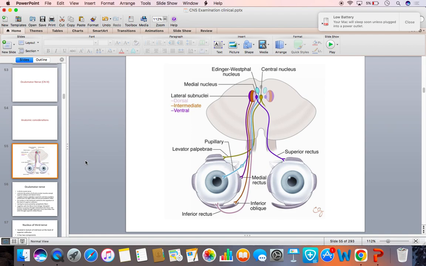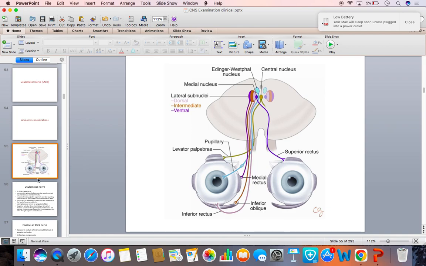From the main motor nucleus, the nerve courses downwards in company with the fibers of the Edinger-Westphal nucleus, runs in close proximity to the red nucleus and exits ventrally at the lower margin of the midbrain, close to the midline.